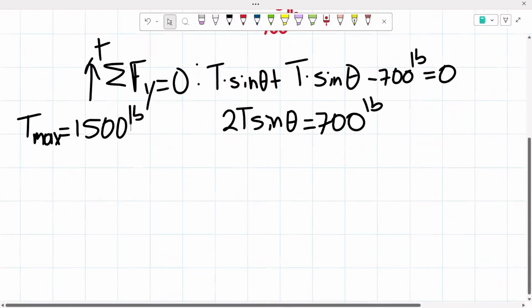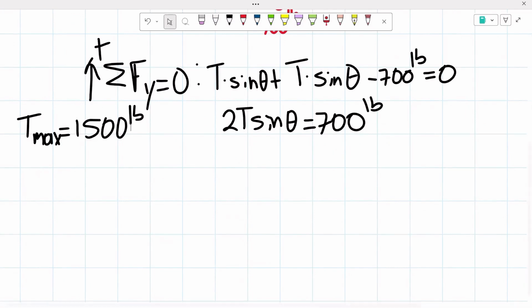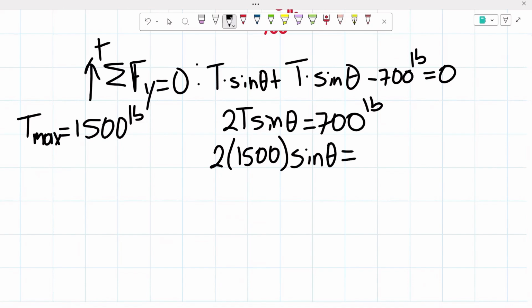So the max that it has to sustain is 1,500 pounds, which is why we're going to let T equal 1,500 pounds. So we have 2 times 1,500 pounds times sine of theta equal to 700 pounds. From there, we're just going to solve for theta.